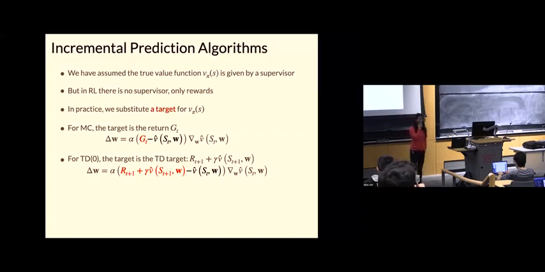Yes? Are there cases in which you would change the size of alpha throughout the training? Yes, the alpha choice is extremely important, and we will see how to compute it in one or two lectures from now. Okay, let me give a more detailed answer.